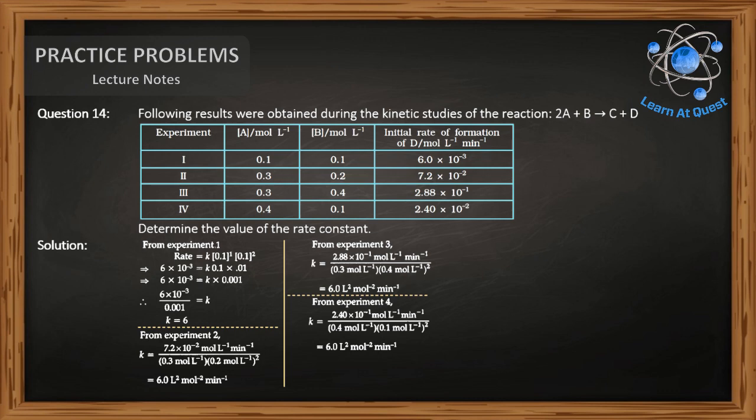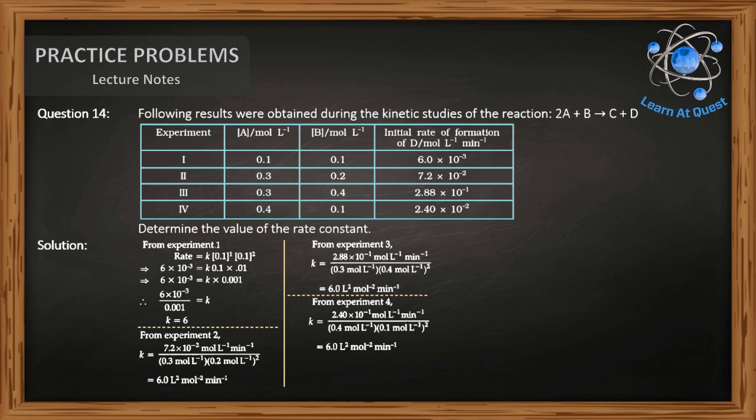Substituting the values of the concentrations of the reactants A and B, we get rate equals K, which is the rate constant, multiplied by 0.1, which is the concentration of the reactant A, raised to 1, which is the order of the reaction with respect to the reactant A, multiplied by 0.1, which is the concentration of reactant B, raised to 2, which is the order of the reaction with respect to B.